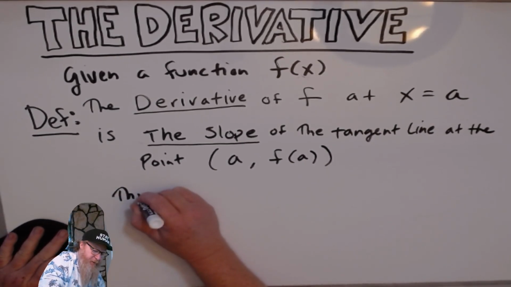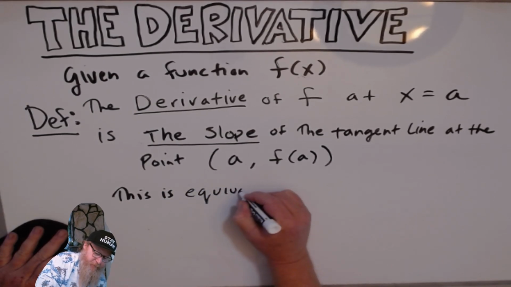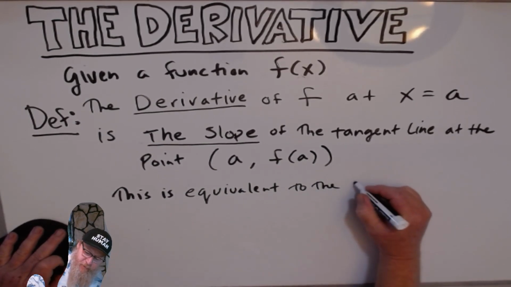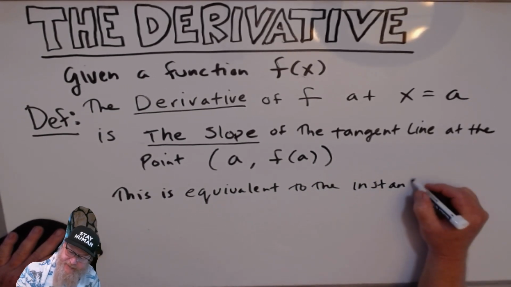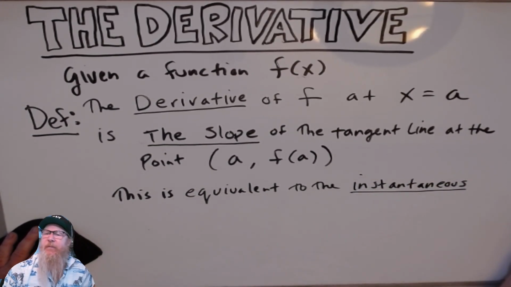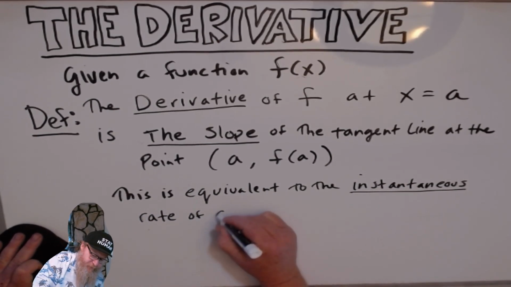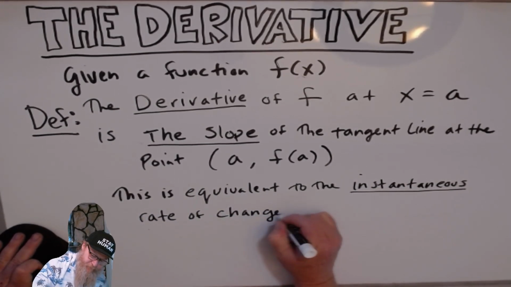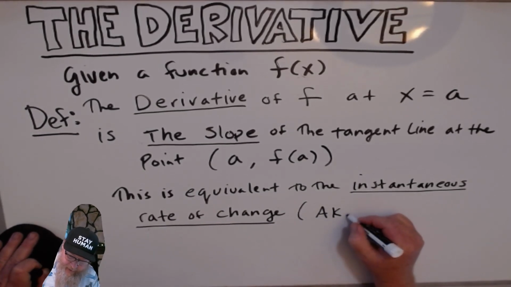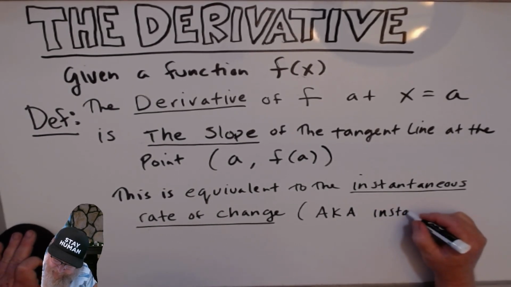This is equivalent to the instantaneous rate of change, also known as AKA instantaneous velocity.